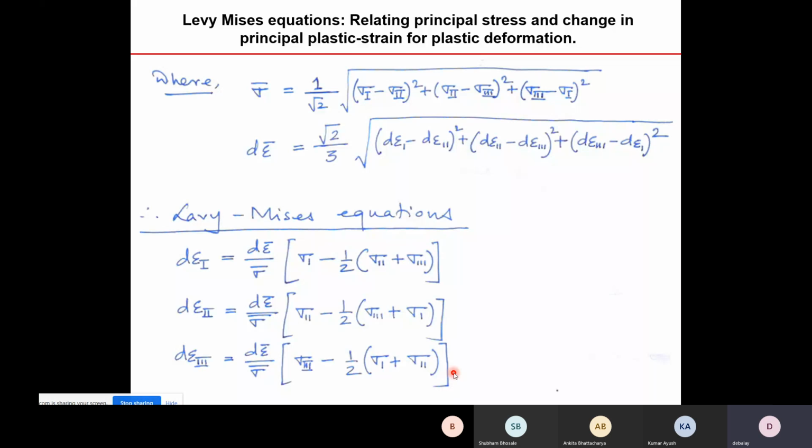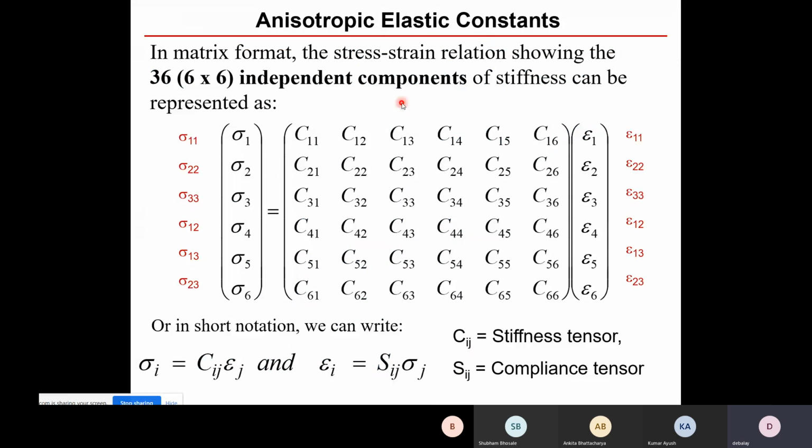Just two more slides. So far we have talked about isotropic material, where there are two elastic constants. If you know them, all job done. But actually, how many elastic constants should be there? Elastic constants relate the stress tensor with the strain tensor in a generalized way.